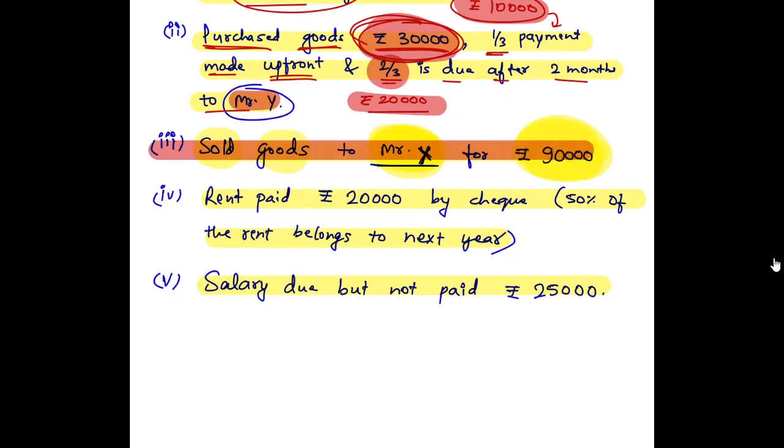We will assume that it is still to be recovered from Mr. X. Getting my point? Those who have thought that if we have sold the goods of 90,000, we will receive the cash of 90,000, no, nowhere in the question it is written that sold goods to Mr. X for 90,000 in cash. If I had written in cash, then it is okay. But it wasn't written in my question.